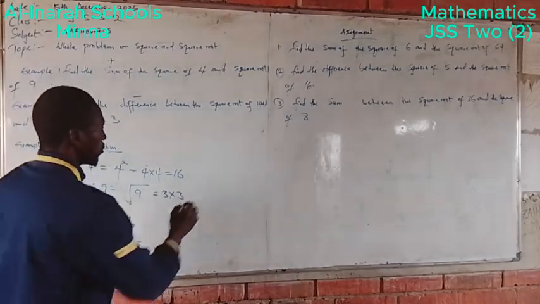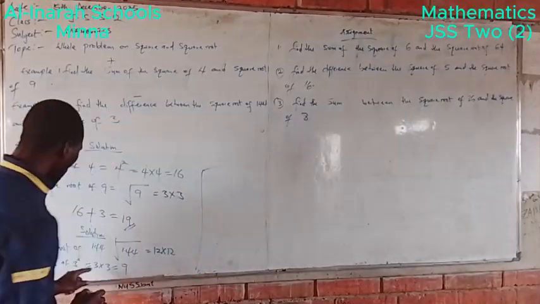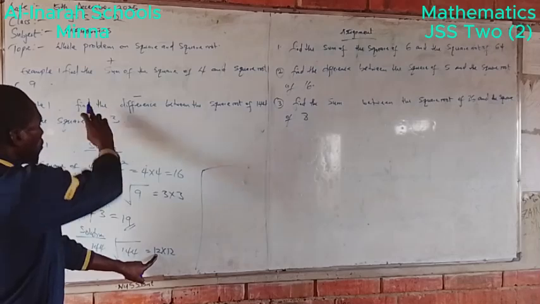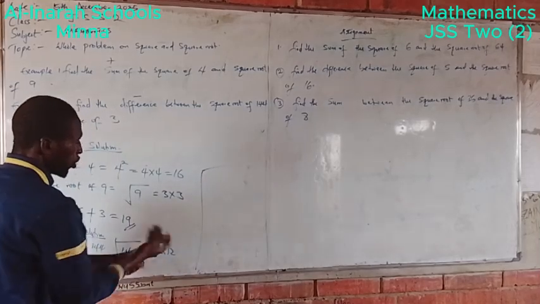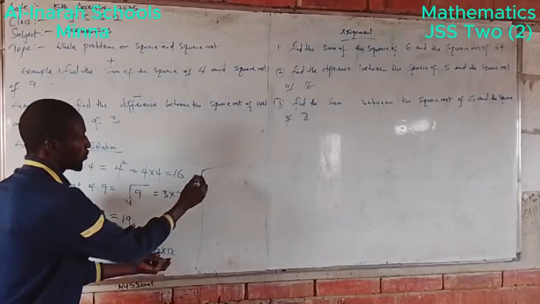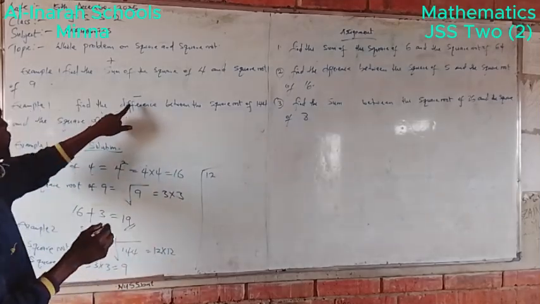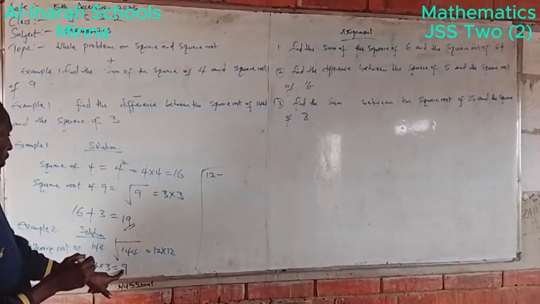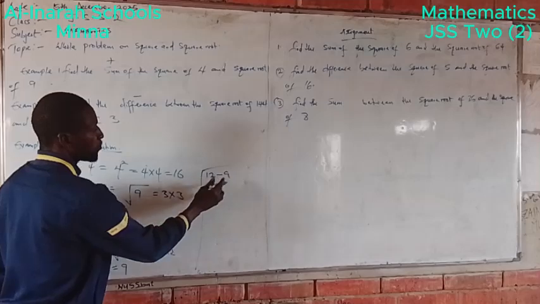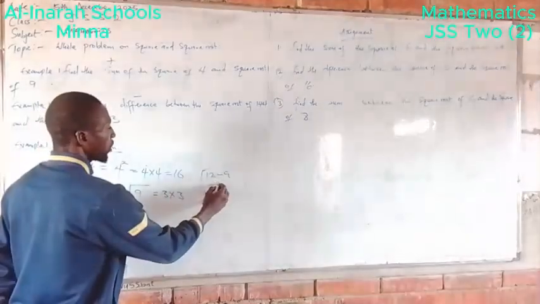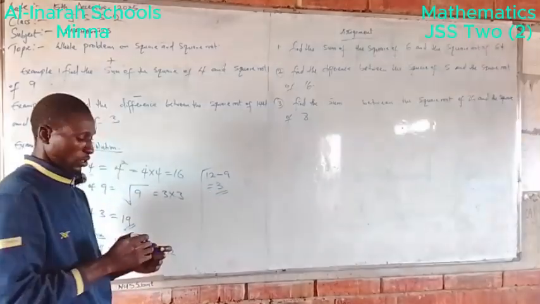Now, after this, since we have to look for the difference, and we have gotten 12 times 12, by the law of indices we pick one 12, which is 12. Difference means minus 9. And 12 minus 9 gives us 3. And the final answer is 3.